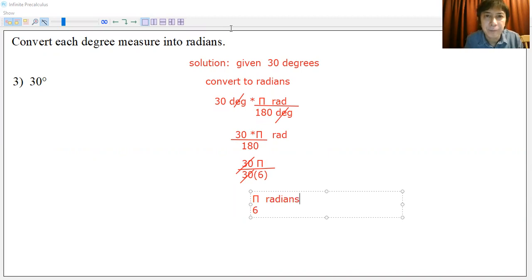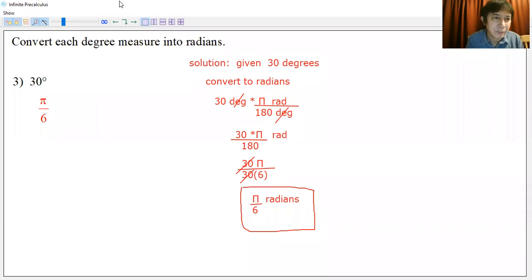So this is pi over 6 radians. We can verify this from the computer. There, it's pi over 6 over here. Here's the computer's answer from its database. So it's pi over 6, and that's in radians.